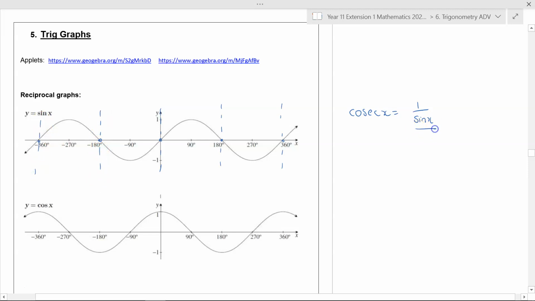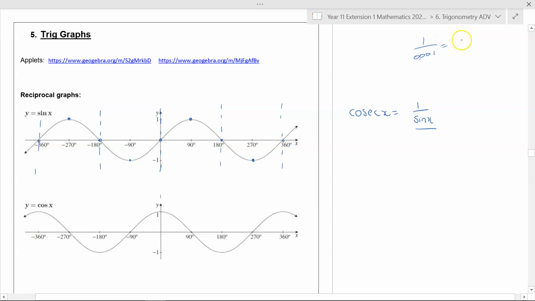When sine is 1, cosec will also be 1. So sine is 1 here, so cosec will be 1. Sine is negative 1 here, so cosec will be 1 on negative 1, or negative 1. Okay, cosec, negative 1 here, positive 1 here. We also know, let's just focus on this first part here, as sine gets really small, 1 over sine, 1 over a really small number, will actually be really large.